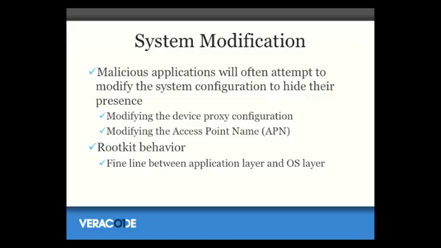The other thing we look for in malicious code is system modification. So you can look for all the API calls that require root privilege to execute correctly. Like changing the device's web proxy would be something that an application shouldn't be able to do, right? But if the application has code in there to do that, you know that it's probably a malicious application, or very highly likely to be one.